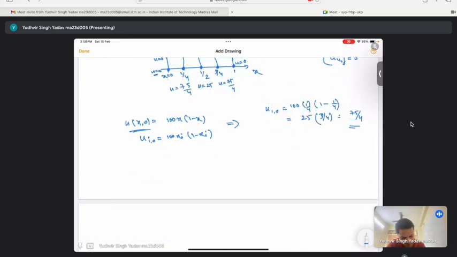So from these, what we already have, we can write it first here, then it will be simpler to solve further. So we have u(0, 0) as 0, u(1, 0) as 75 by 4, u(2, 0) as 25, u(3, 0) again 75 by 4, and u(4, 0) is 0, again a boundary point.